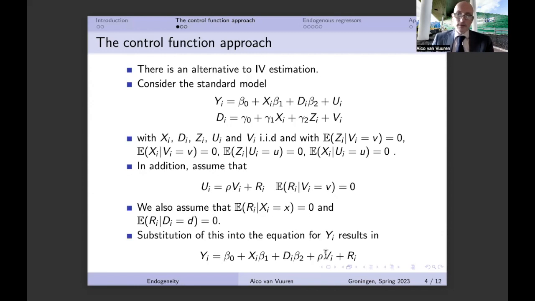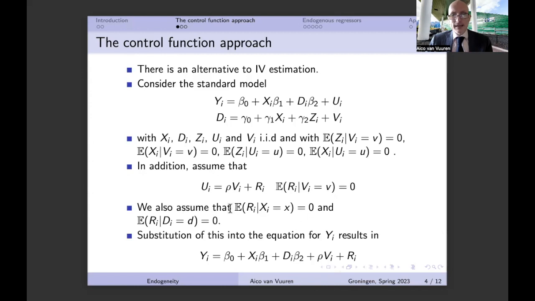Remember that when you discussed IV for the very first time, probably either in the first year with Annika or later with Aga, you hopefully remember that one of the reasons why you have an endogeneity bias is that there might be an omitted variable bias.